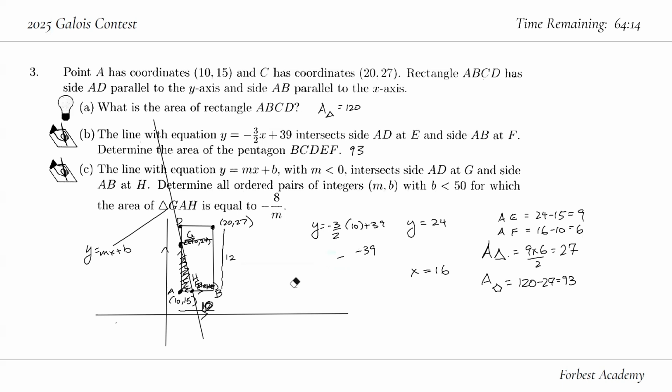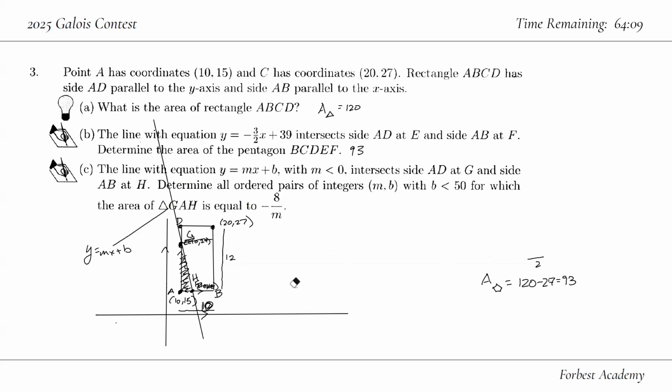So we know from before we need to get the y value of G and the x value of H to determine the area of that triangle. The y value of G is simply equal to mx plus b, but x is 10, so it's 10m plus b. And if we subtract 15, this is equal to AG. We have AH, so let's solve for x.